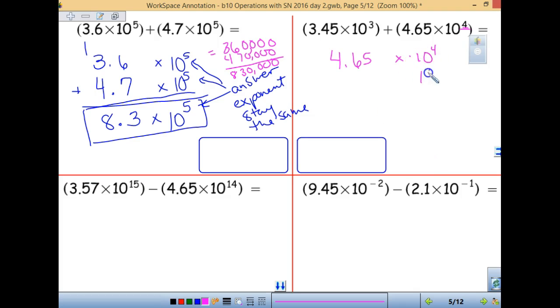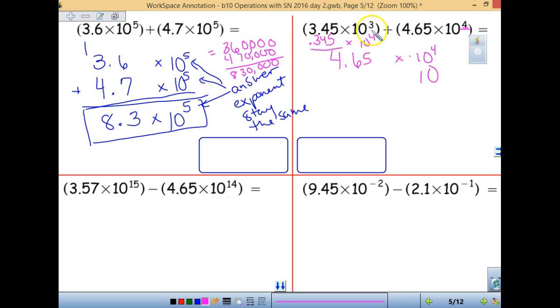Now, I need this number to be changed so that it's 10 to the 4th power. Okay? So, this was telling me to move it 3 places. What should I have for the number out in front here? Should it be 34 or should it be 0.345 as I'm looking at that? What are you thinking, Jaden? 0.345.